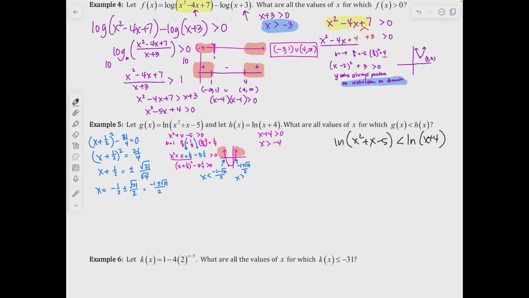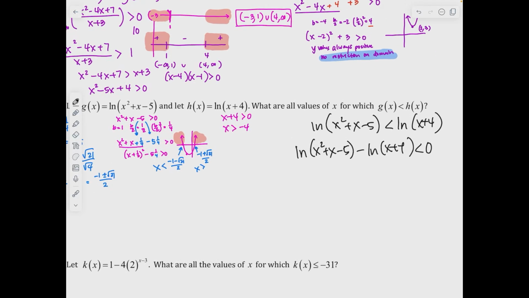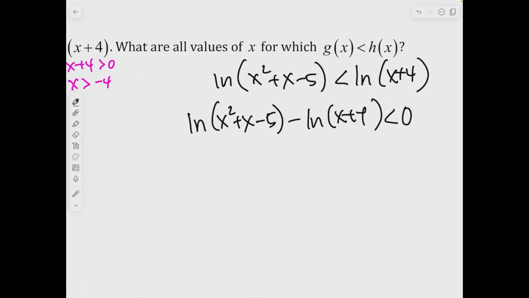Okay? Because I have two logarithms, I'm going to get them on the same side. Natural log of x squared plus x minus 5 minus natural log of x plus 4 is less than 0. This is a quotient property. Natural log of x squared plus x minus 5 over x plus 4 is less than 0.